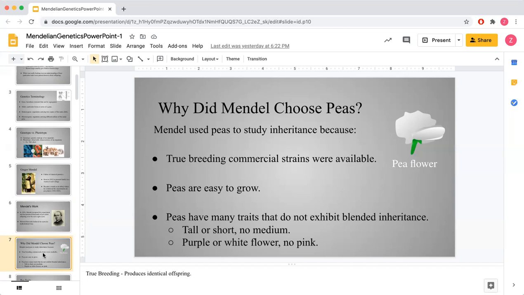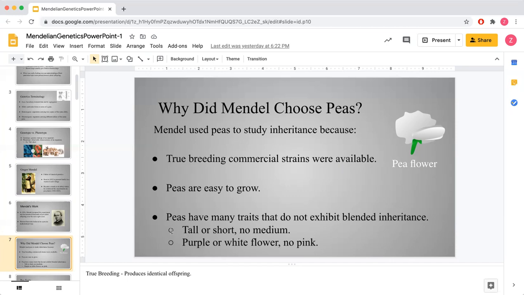Peas are really easy to grow, they grow quickly and have a quick turnaround, so it's easy to study traits. And here's an example of a pea flower. And lastly, peas have traits that don't exhibit blended inheritance. That's really important when he was showing inheritance based on a mathematical model.